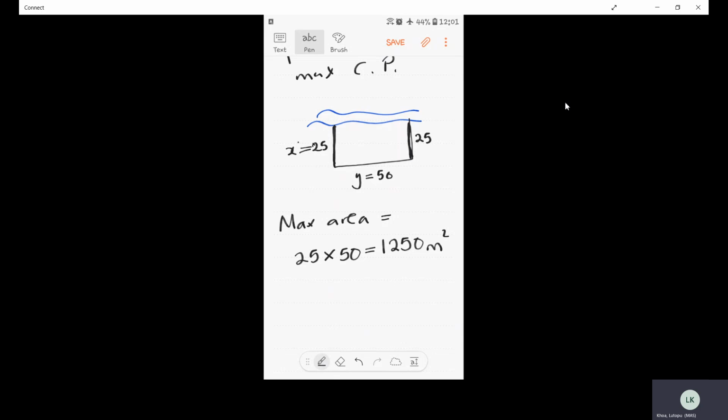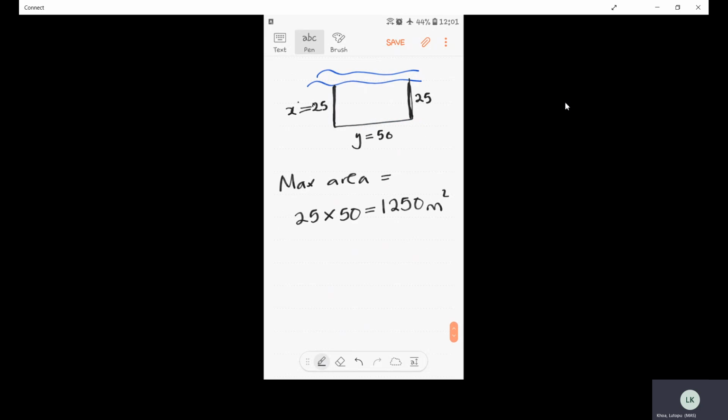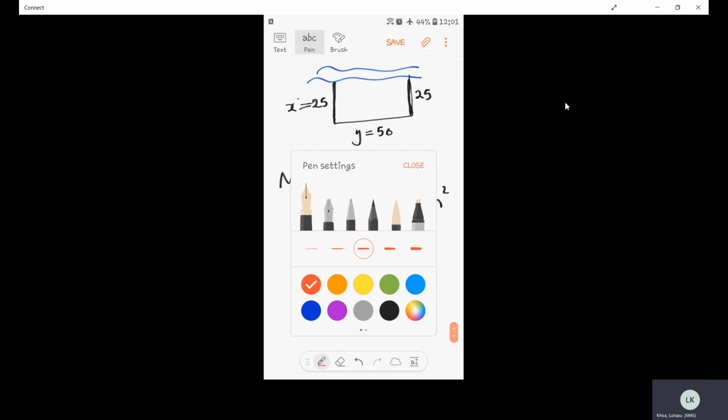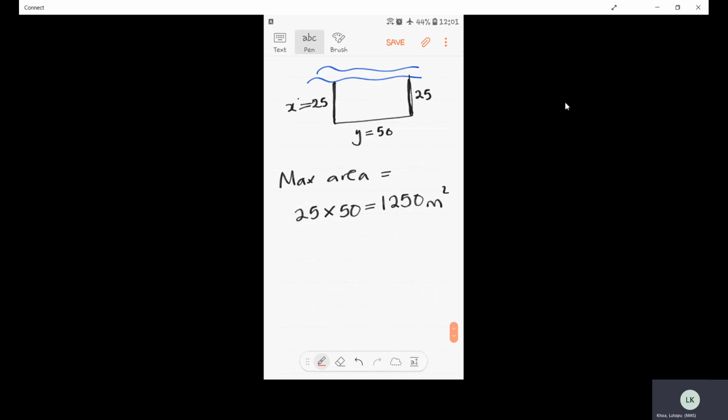And you can try it with other values. Let's say, for example, you make this 10 and you make this 80, so that's obviously 10 and 10 and 80. The entire length is equal to 100. The area over here is 800, which is less than what we got over there.